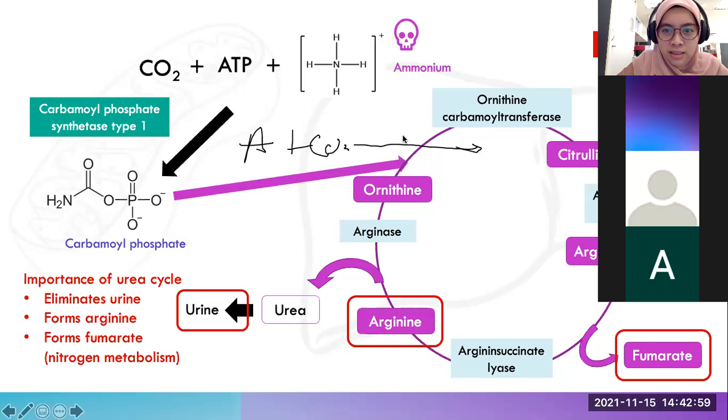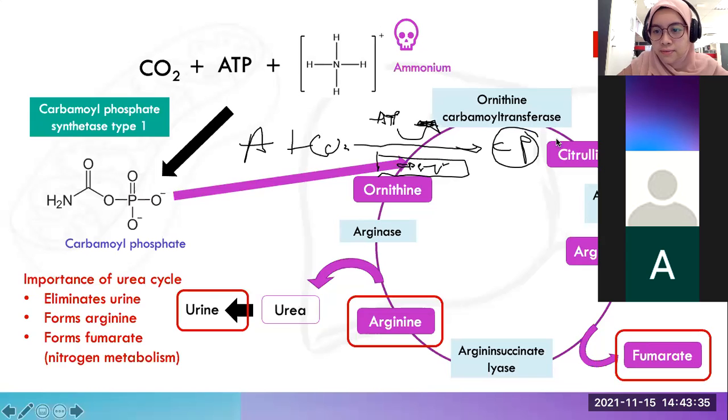This reaction will use ATP, so ATP will be metabolized, and this reaction is aided by the enzyme carbamyl phosphate synthetase type 1, CPS1, to form carbamyl phosphate. So ammonium reacts with carbon dioxide, utilizing ATP and this enzyme, to yield carbamyl phosphate. Okay, thank you, doctor.